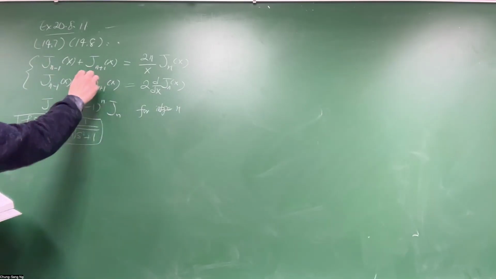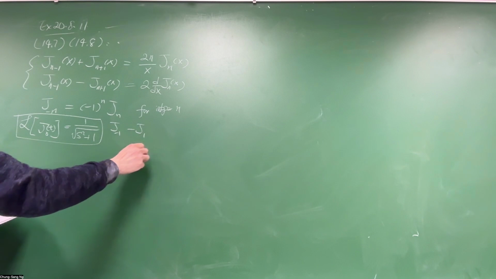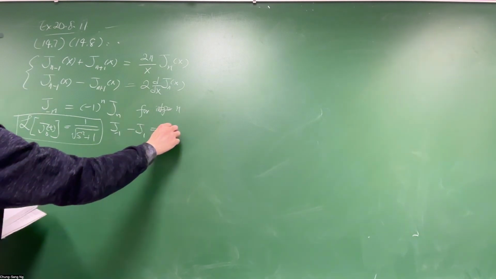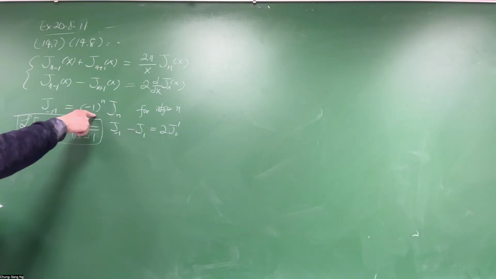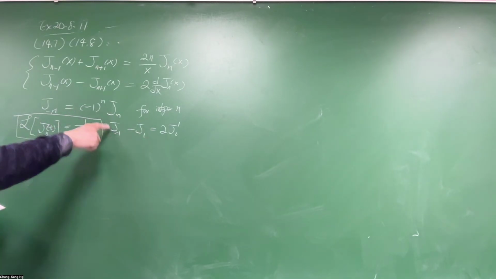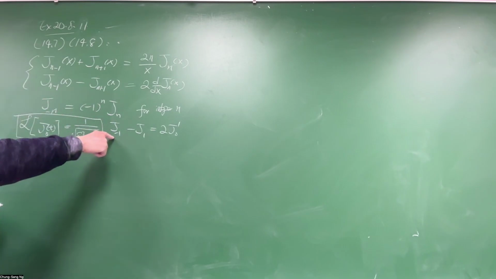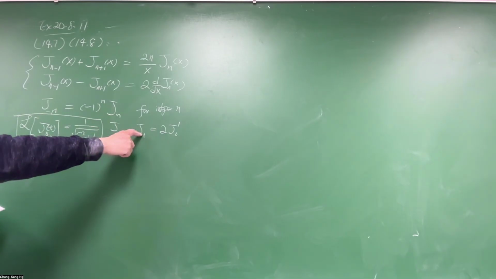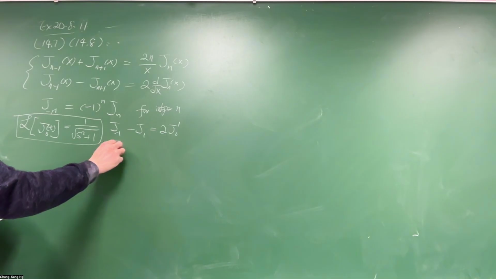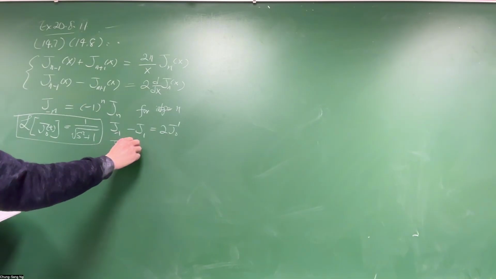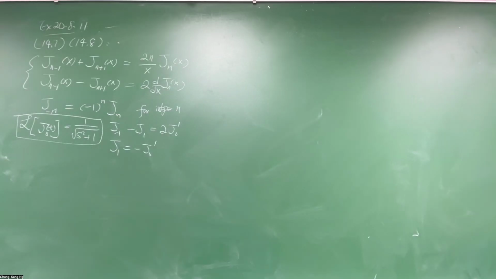You write down the second one: J sub minus 1 minus J sub 1 equals 2 J sub 0 prime. J sub 1 and J sub minus 1 are related by this one: for n equal to 1, J sub minus 1 is minus J sub 1. So the two are the same, and this is minus 2 J sub 1 equals 2 J sub 0 prime, so J sub 1 is minus J sub 0 prime.